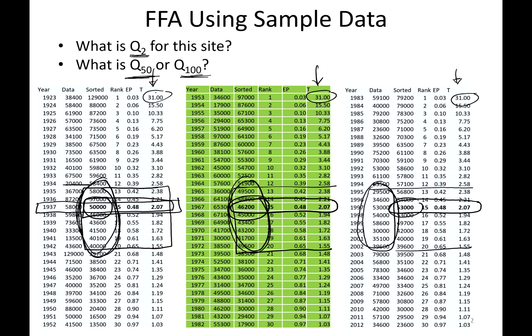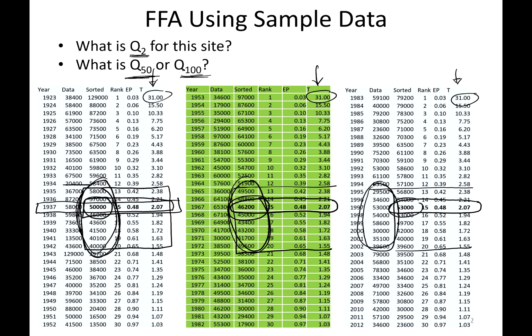So to do that, I actually need data that is longer than 100 year, or most ideally it should be at least 200-year period of data if I want to get something reasonable for 100-year flow or for 50-year flow. So that's why using sample data is not enough for flood frequency analysis.